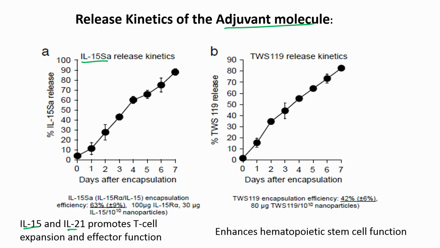So, if the T cells have access to this particular interleukin, it gets activated much better, it expands, it proliferates much better, and as was shown before, they see quite a good release over a period of 7 days with these particles. And then this TWS1119 is something that enhances hematopoietic stem cell function. So, that is another part that they have done in this paper that we will talk about in a moment. And the encapsulation efficiency they got was also good, about 63 and 42% respectively. So, this was something that was acceptable.